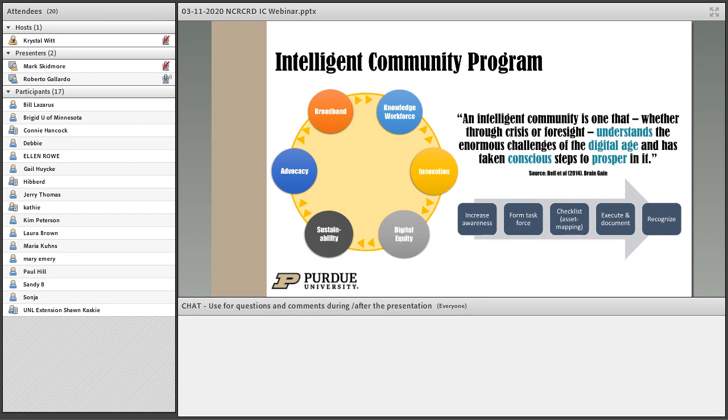And it uses 6 indicators. The Intelligent Community Forum is the one that developed this. They are a worldwide, a global think tank. And notice that 4 of these 6 indicators are what could be considered traditional economic development indicators. However, we do add broadband connectivity and digital equity.